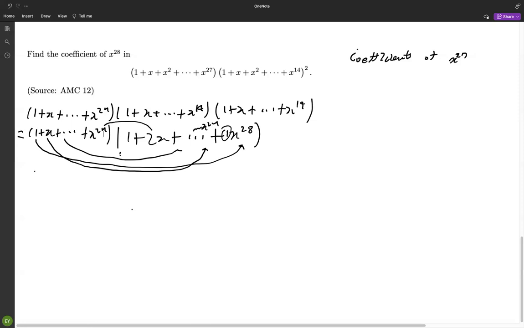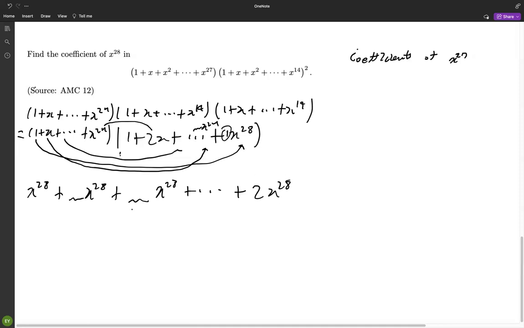So 1 times x to the power of 28, you have 28 here. And x times something, and it's 27, and we should add 1 because we multiply by x. We have another one, x squared, and then something x to the power of 25, and we will have the same thing, and it will continue until we have 2 times x to the power of 28.